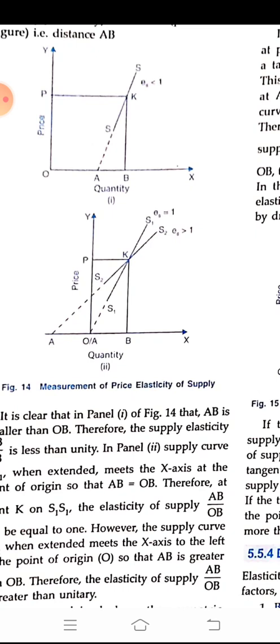So AB is equal to OB, which means price elasticity is equal to 1. That means unitary elastic. You can see S2 in this diagram: as we extend it, it is intersecting the y-axis. As the y-axis is getting intersected, we can say that the supply is more elastic here.